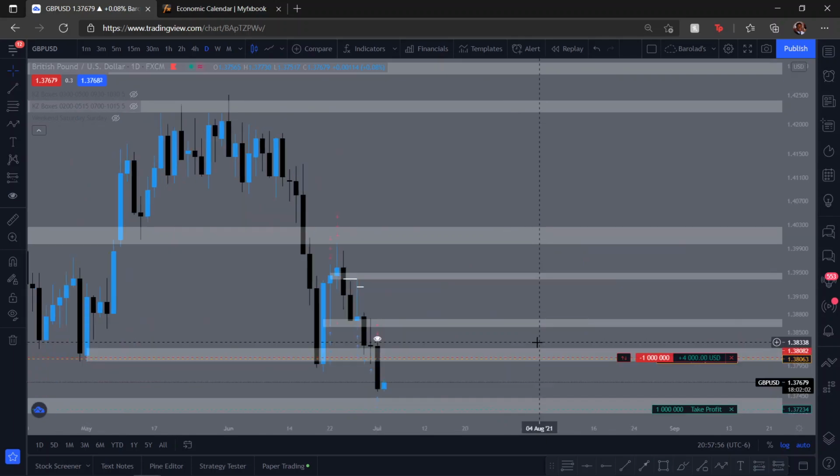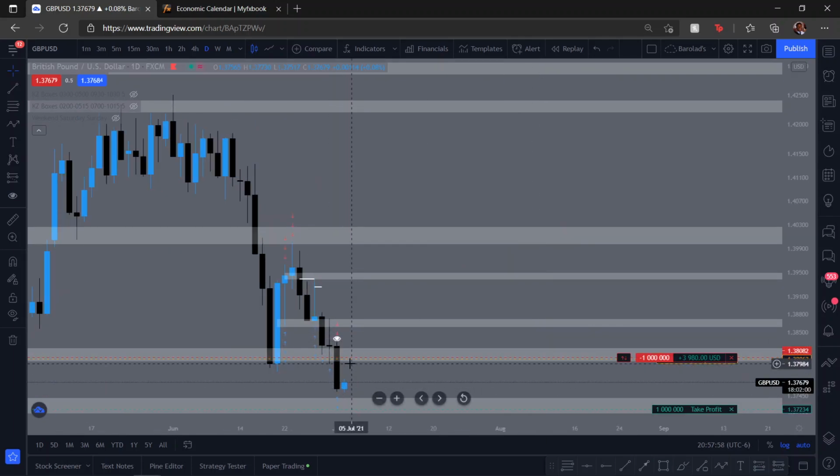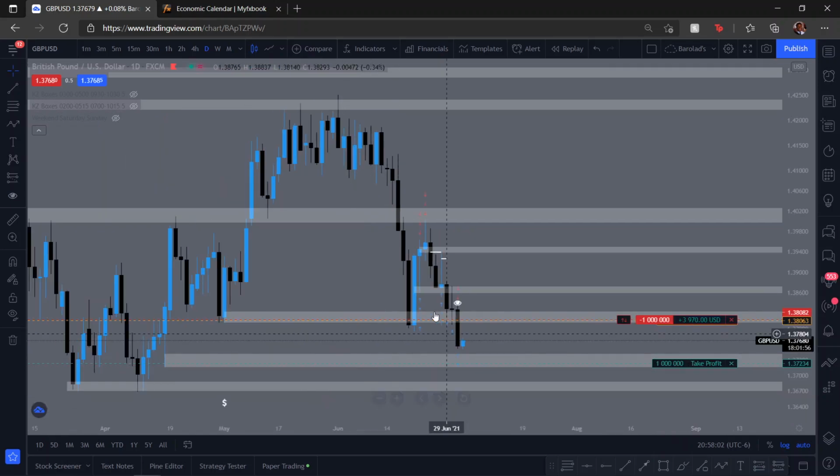What I'd like to see is a run into this block, into this sort of short-term daily breaker block, and then possibly a trade lower into this demand zone. So if you notice this area here at 1.717, it's a very key area, and right below it we have equal lows at 1.67.